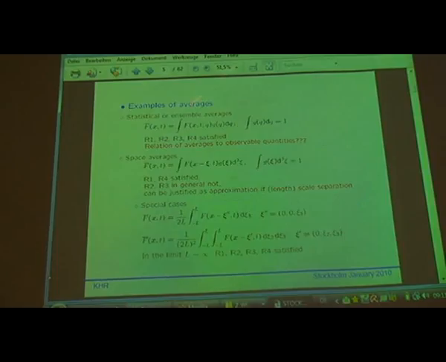You can think of a statistical example. Average, that means you imagine many copies of the object considered, and you average over these copies.